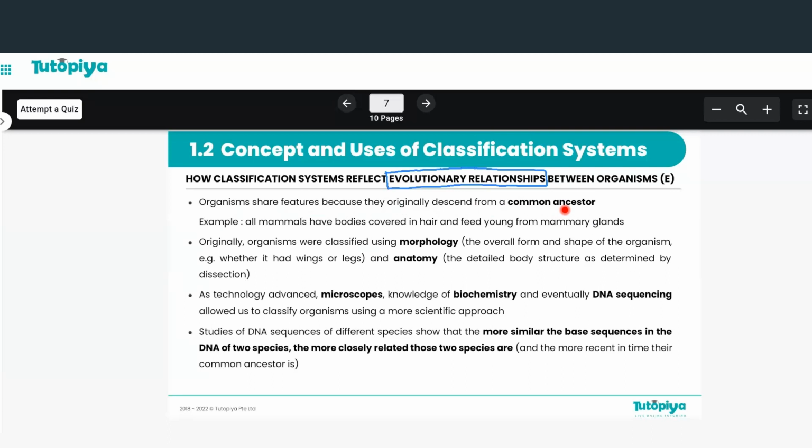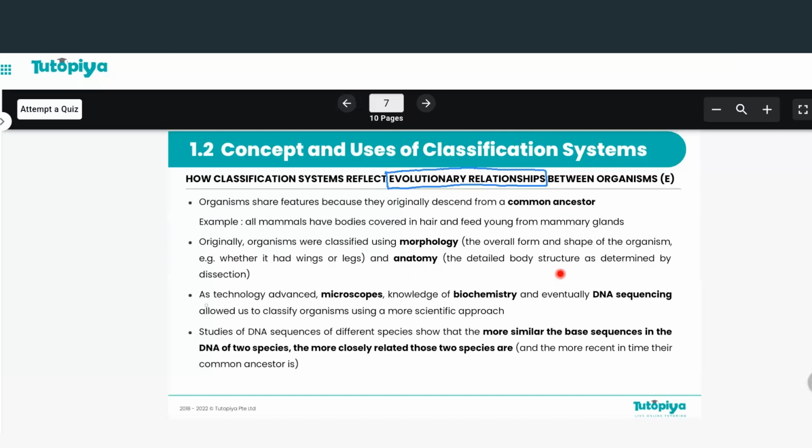All right, now when talking about classification systems, originally organisms were classified using morphology and anatomy. So based on their form and their shape and their internal body structures, organisms were put into different groups.